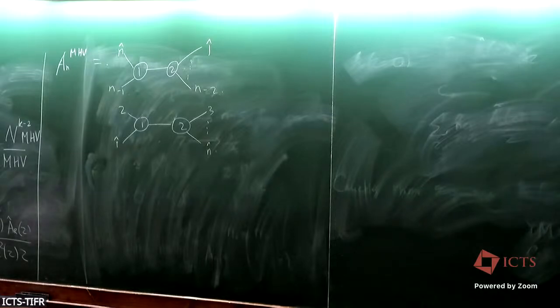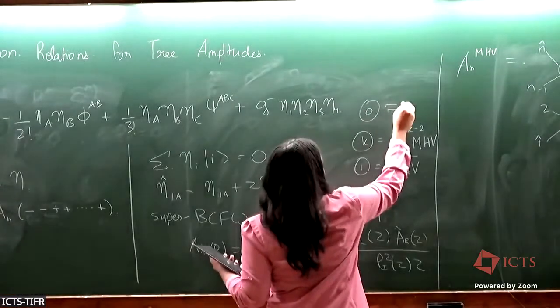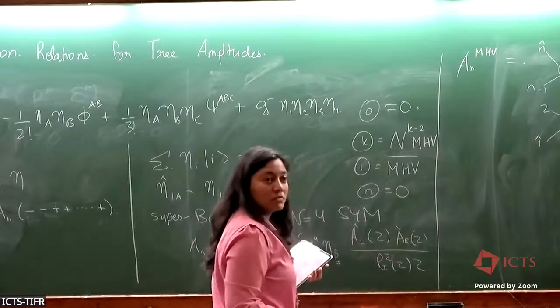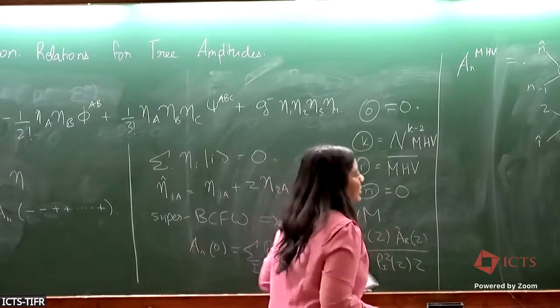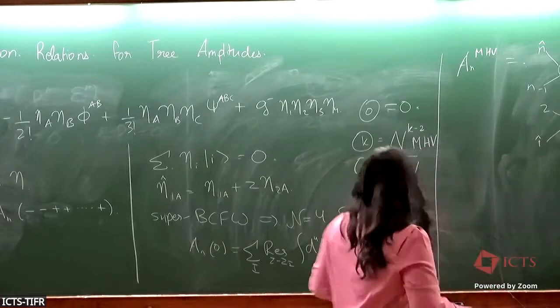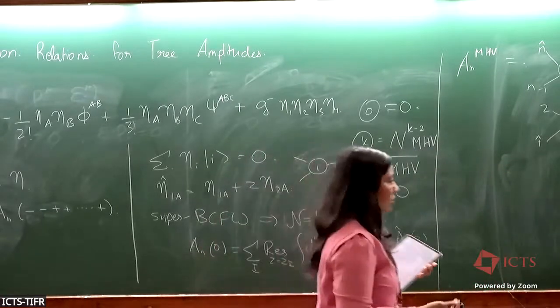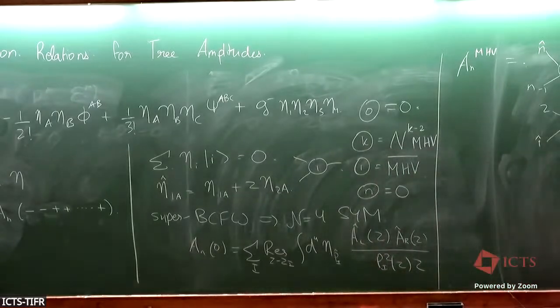I'll also remind you that because supersymmetry starts at eta to the 2, you don't have 0, and you don't have n, or n minus 1 actually. And this has only 3 legs. So these are just the vertices in Yang-Mills.